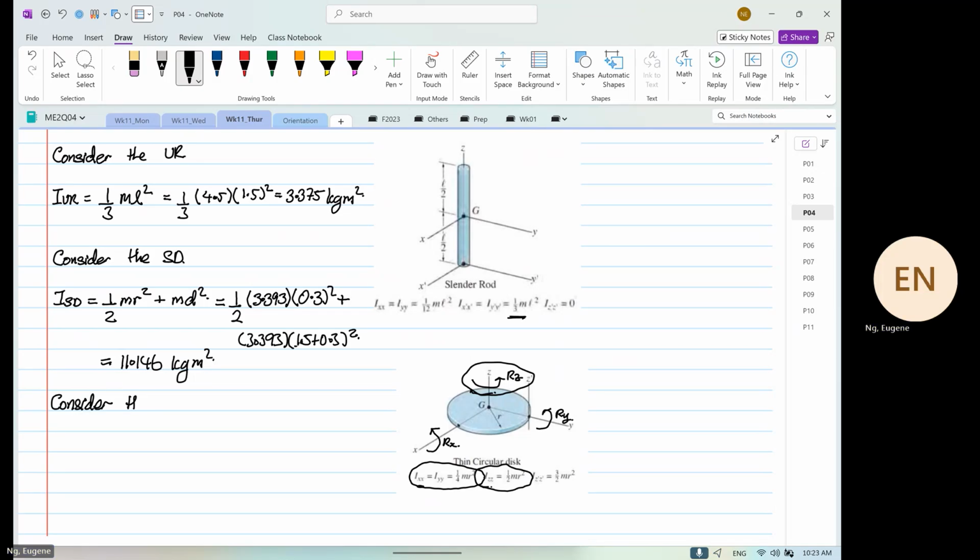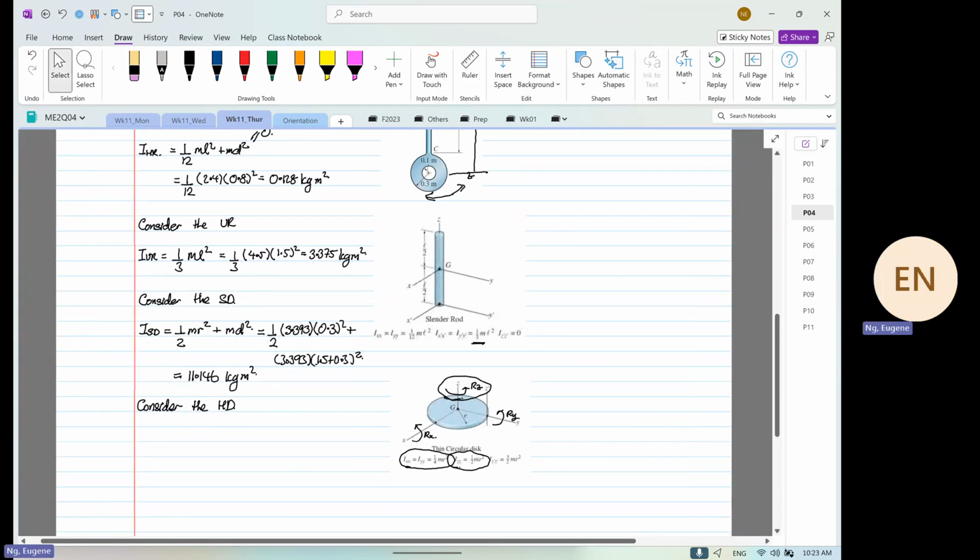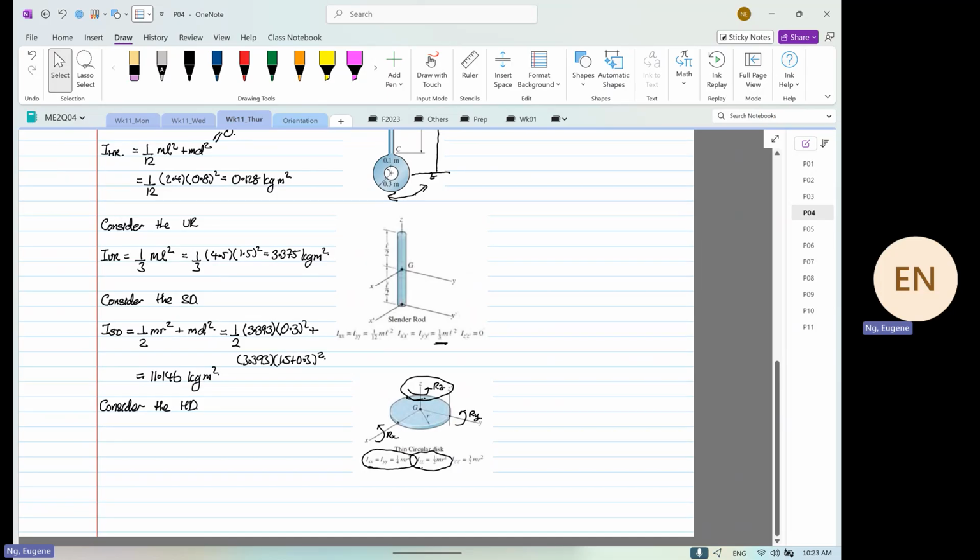And the last one, we are going to consider the hollow disk. Let me zoom up so you can see the hollow disk. I for the hollow disk, the formula is still the same.